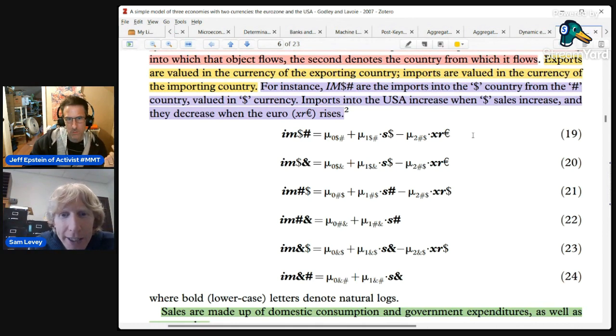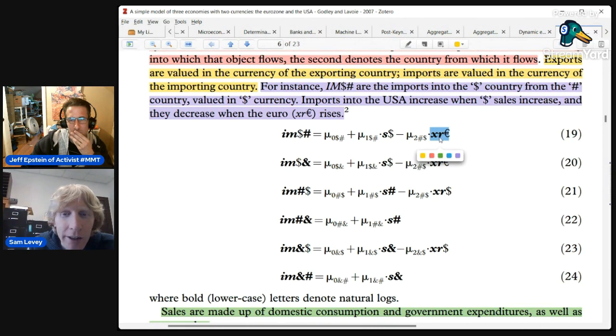Right. Okay. Now here, I'm assuming that mu is a positive number. And so this minus sign makes it negative. And so this is saying you want to import more if the exchange rate goes down, right?